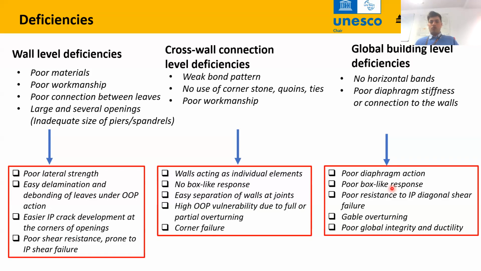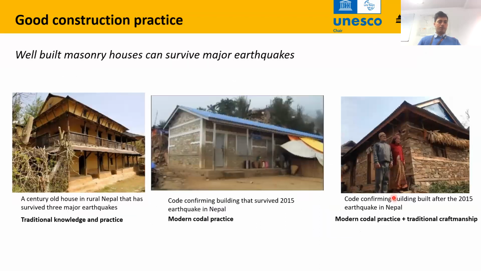We therefore have poor box-like response, poor resistance to in-plane diagonal shear failure as well, and poor performance of gables when they are not properly connected with proper rigid bands, rigid slabs, and poor global integrity and poor ductility because the bands provide ductility to masonry.